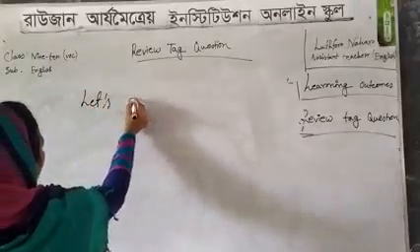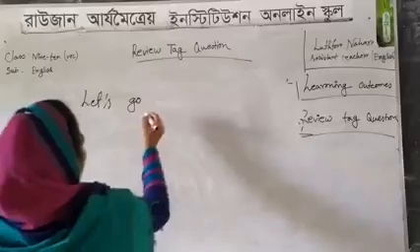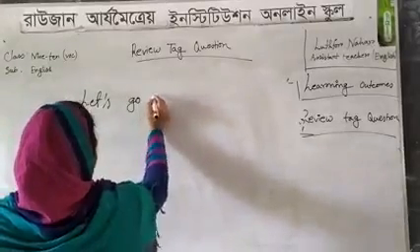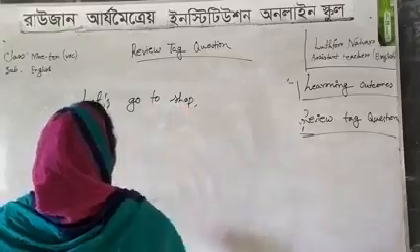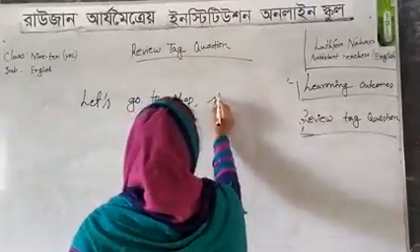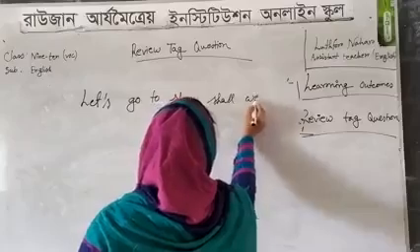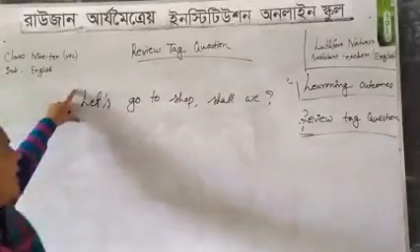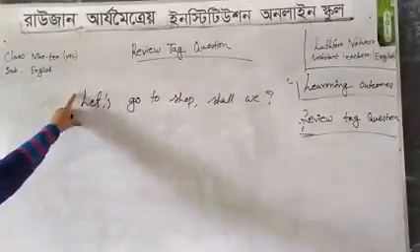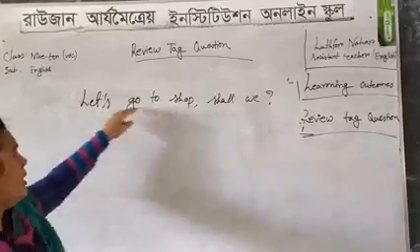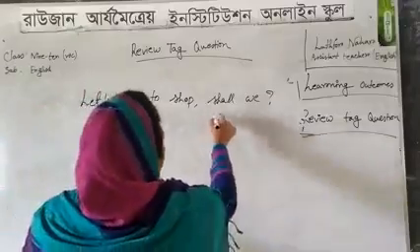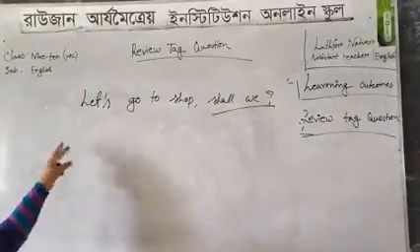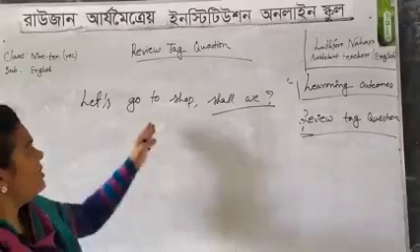Let's go to shop, shall we? We already said in the previous class that if we see let's at the beginning of the statement, then we have to use shall we, as it is a proposal and the action is not done yet.